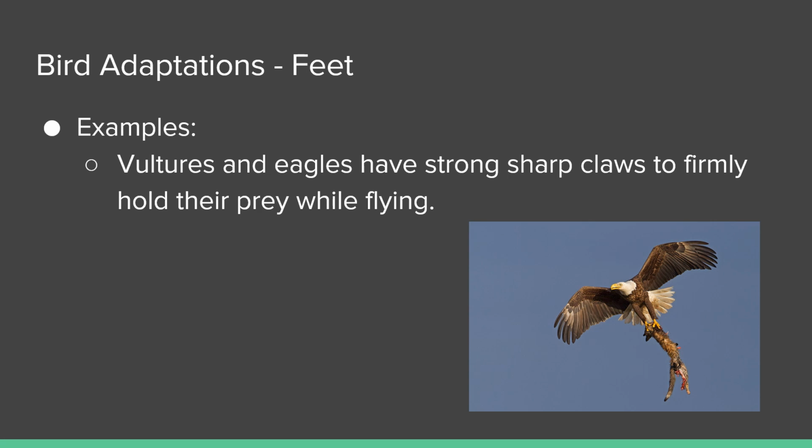Okay. First example, vultures and eagles, along with their sharp beaks for tearing flesh, they also have strong, sharp claws to firmly hold their prey while flying. Oh, I used to have a really great fact or statistic.